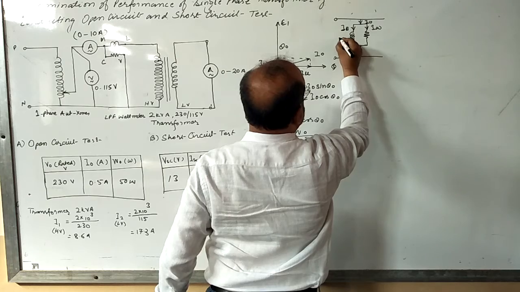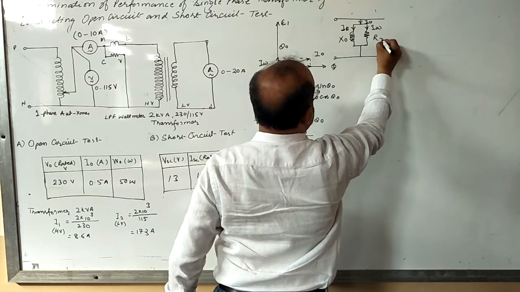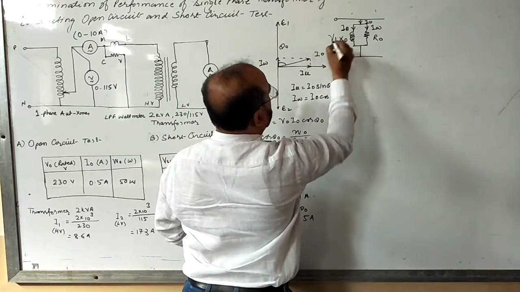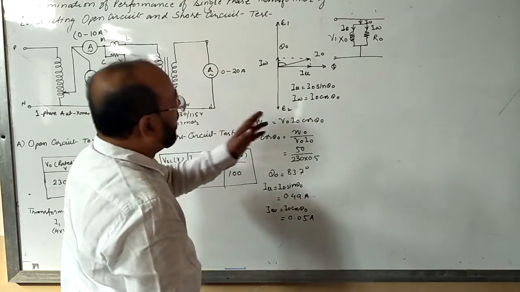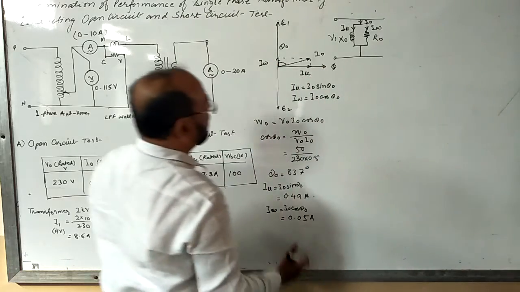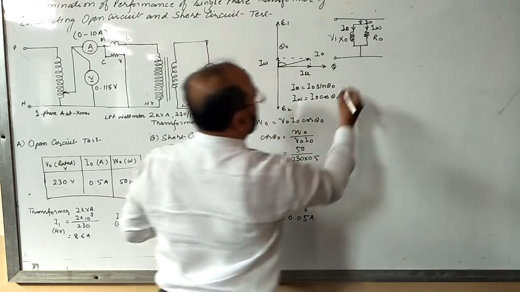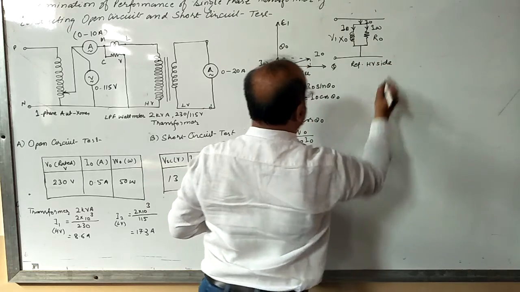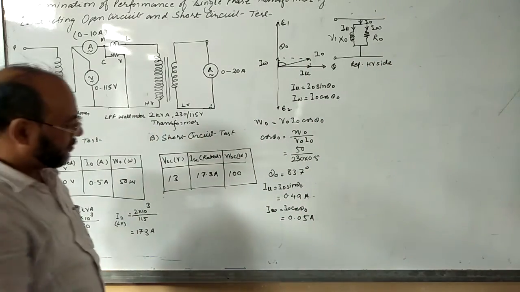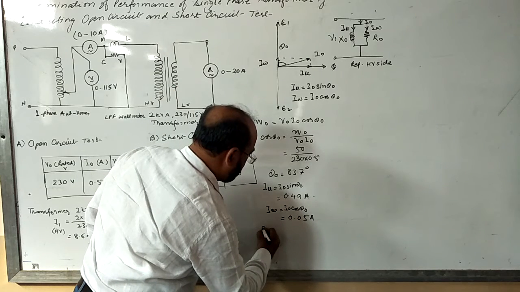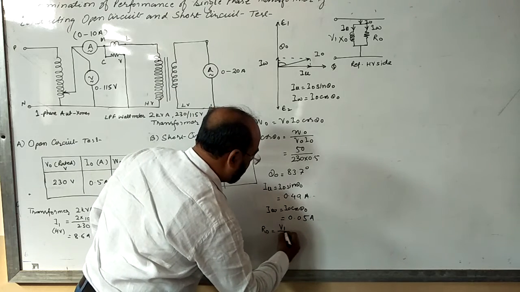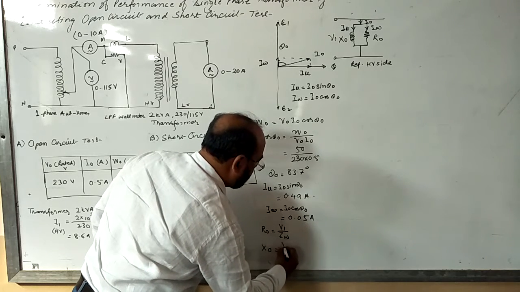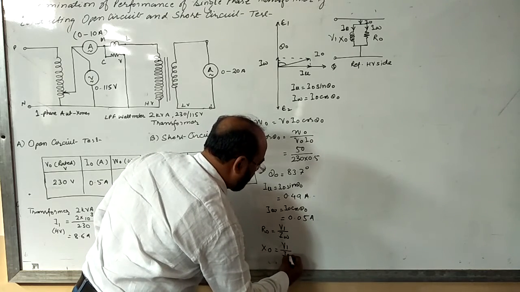It can be represented as X0 and R0, with this voltage V1. This part of the equivalent circuit is referred to the HV side because the instruments are connected on the HV side. Therefore R0 is equal to V1 upon IW, and X0 is equal to V1 upon I mu.